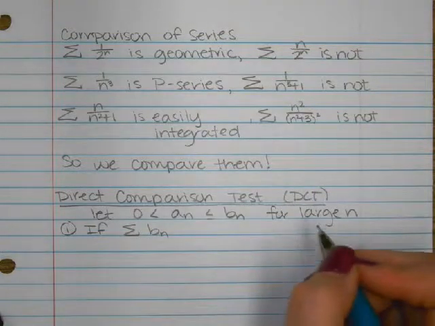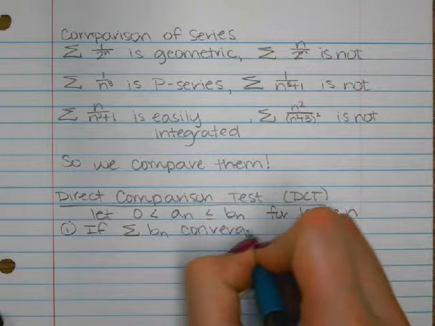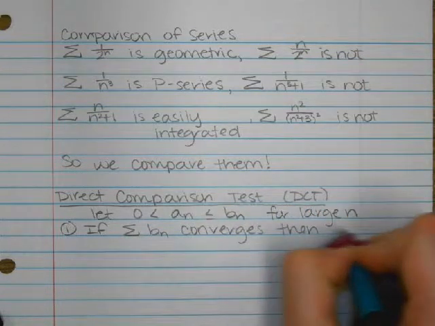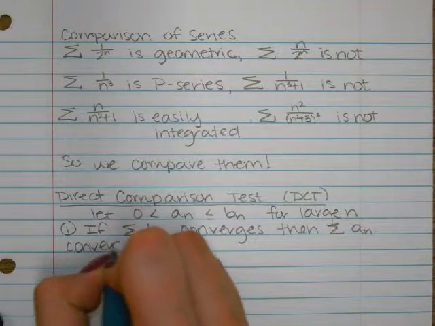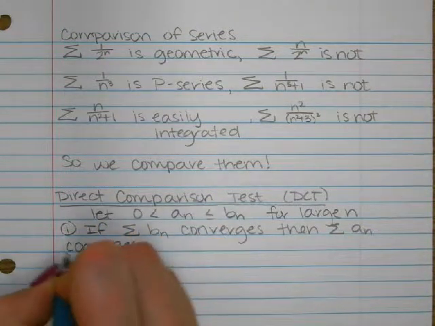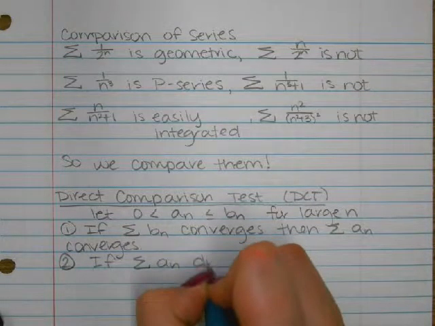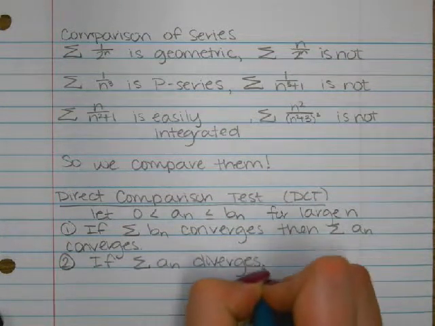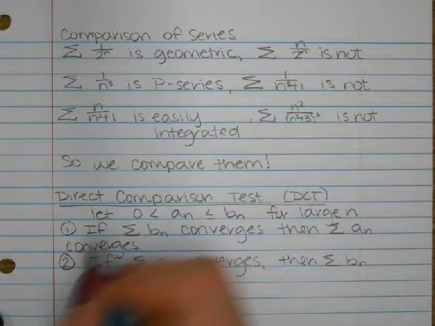If the series b sub n converges, then a sub n converges as well. If a sub n diverges, then b sub n diverges as well.